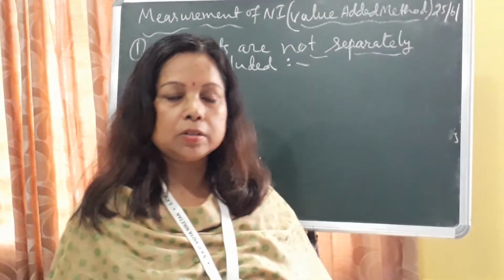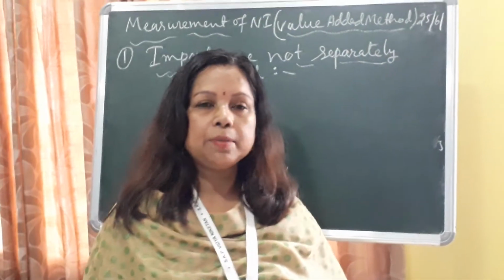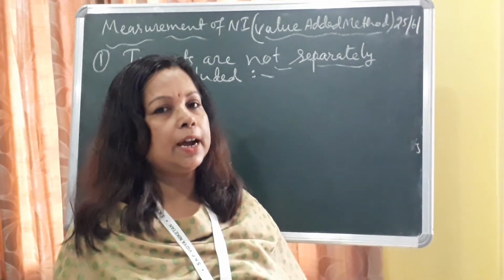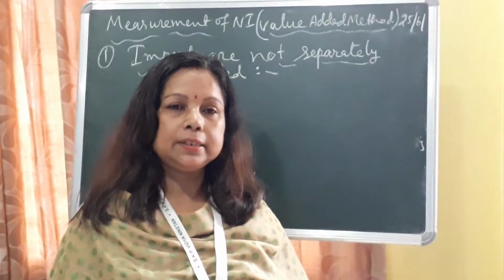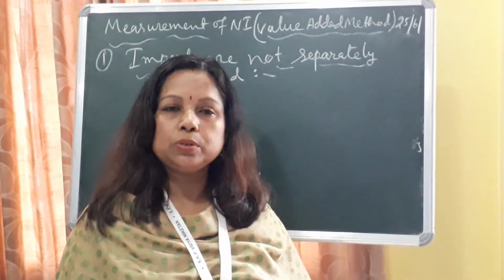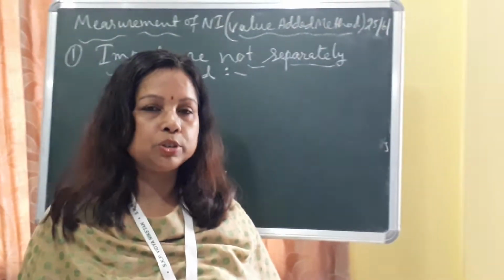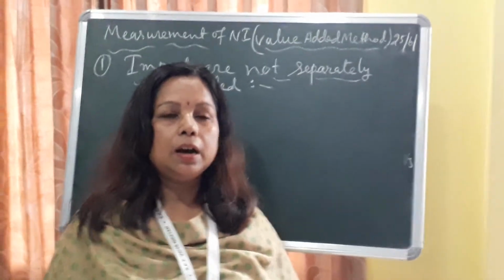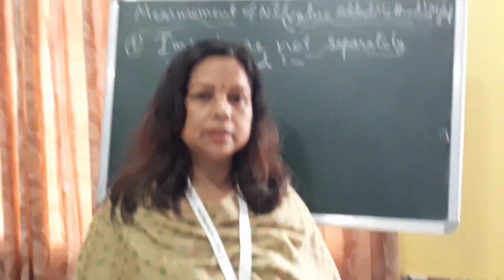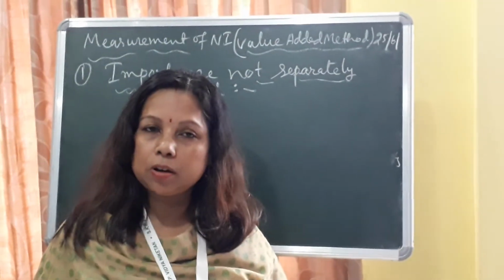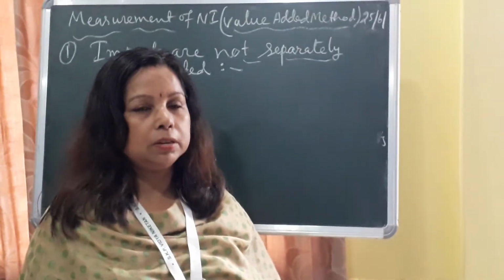When imports are not separately included, in the examination it is asked: calculate intermediate consumption. You know the meaning of intermediate consumption. Previously I told you that intermediate consumption means the purchase of raw material, or the expenditure on raw material.